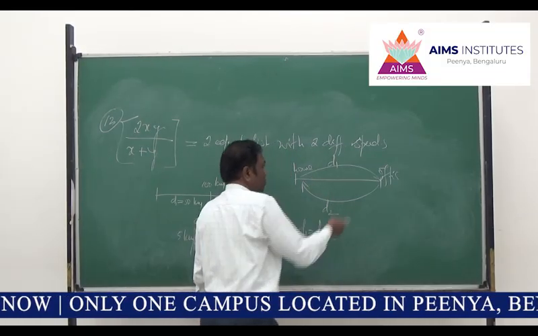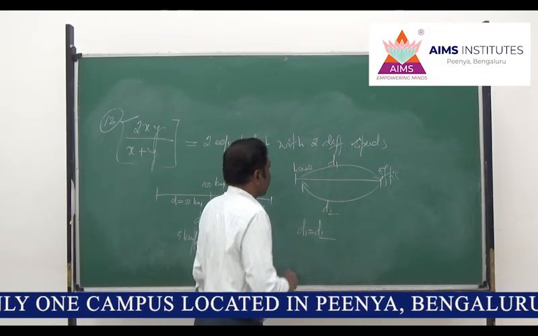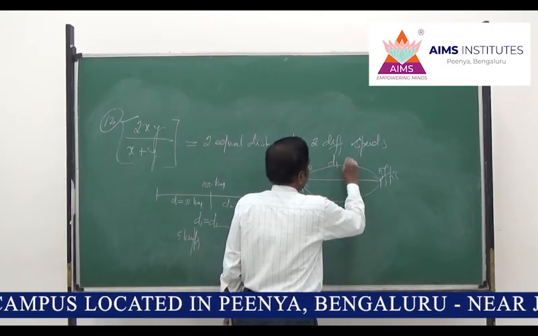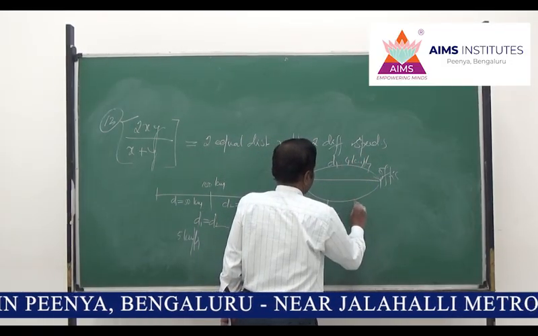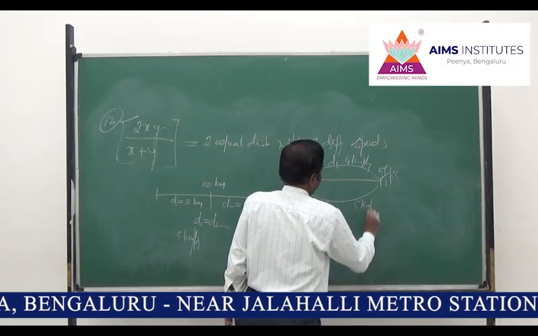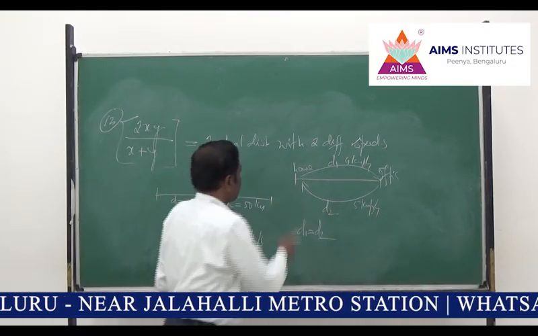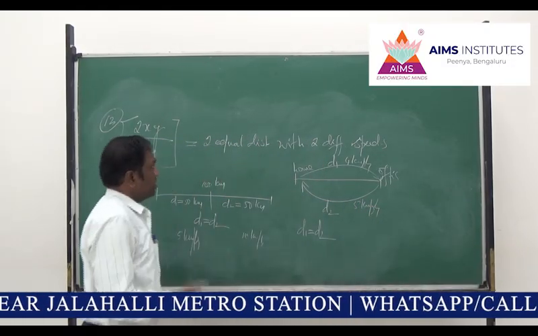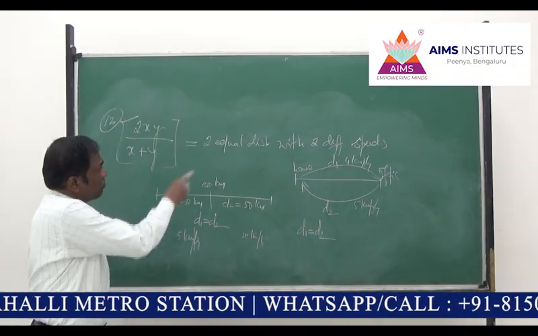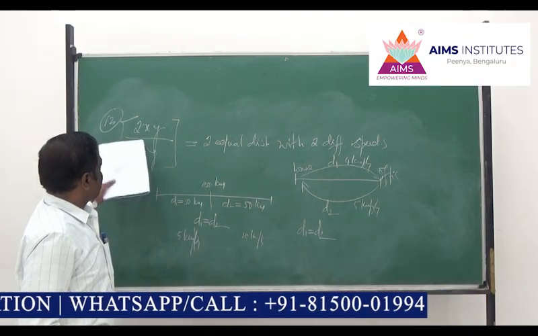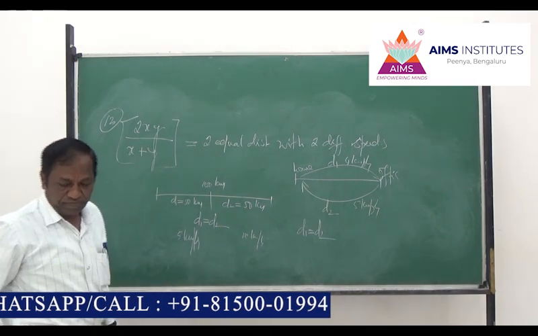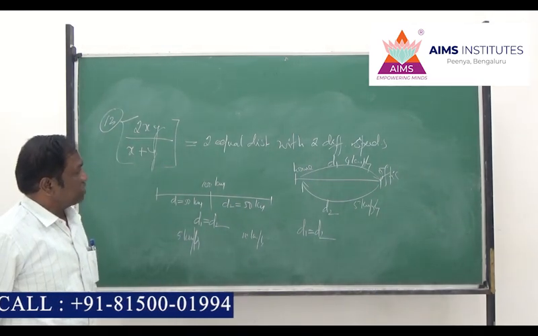Distance from home to office and office to home is the same. So this is 4 kilometers per hour speed and this is 5 kilometers per hour. Then you have to use 2xy by x plus y. When two equal distances are covered with two different speeds, the average speed is equal to 2xy by x plus y.